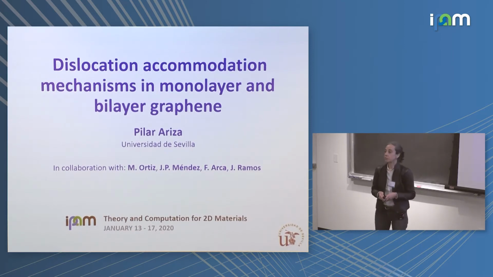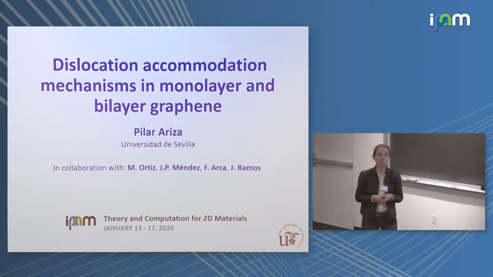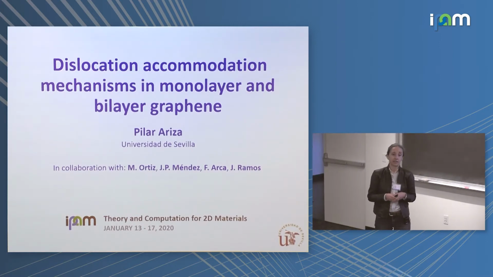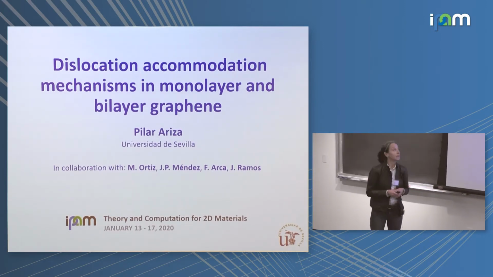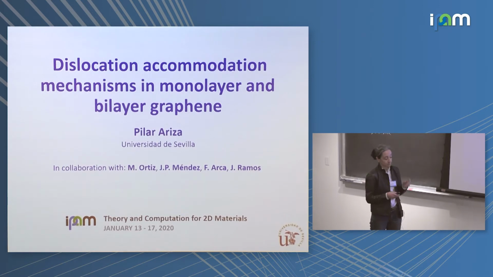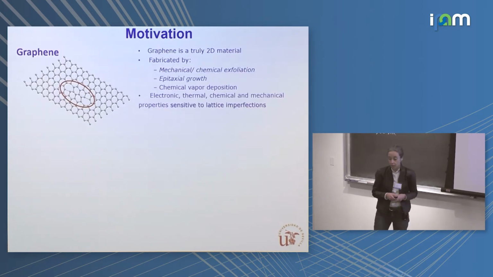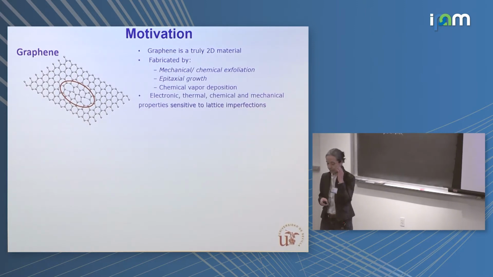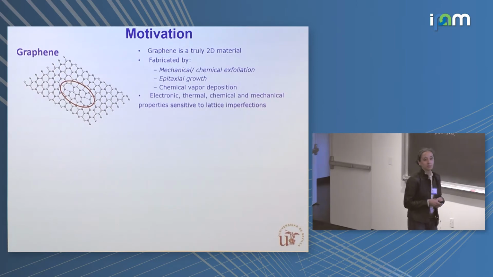So I'm going to start by telling you a little bit about what we have done in this field, in graphene, and then our recent results that are part of the title of the talk. As a way of motivation, graphene is a 2D material.